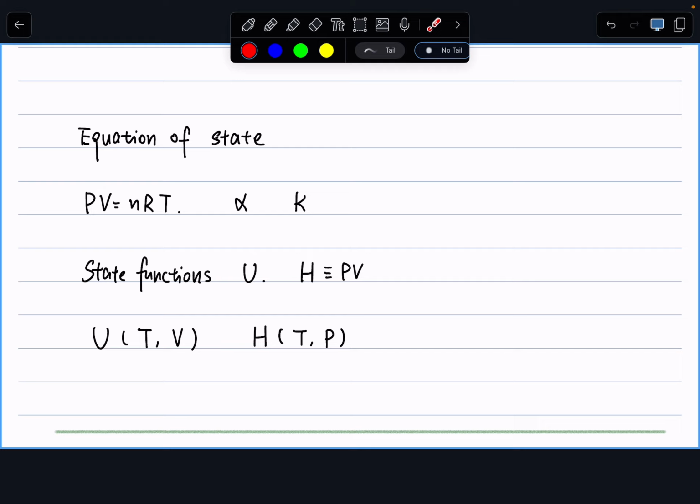That's just a convention, because as we were saying, once we know the equation of state, we know what the pressure is. So temperature and volume will tell you what the pressure is for a pure substance that has the same equation of state. For conventional properties, typically we write internal energy as a function of temperature and volume, enthalpy as a function of temperature and pressure.